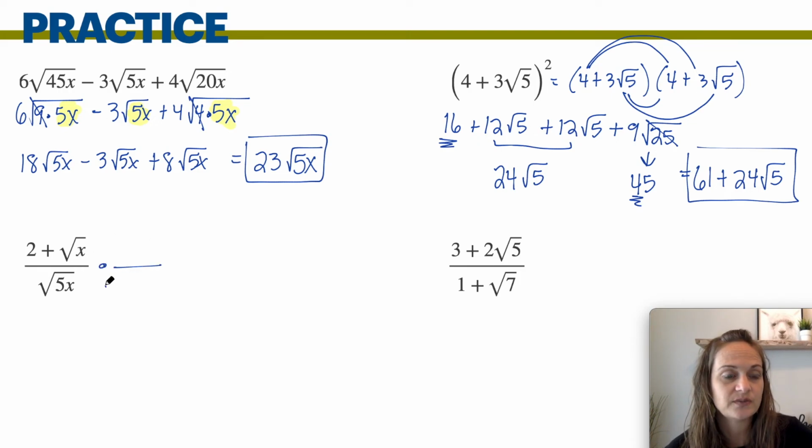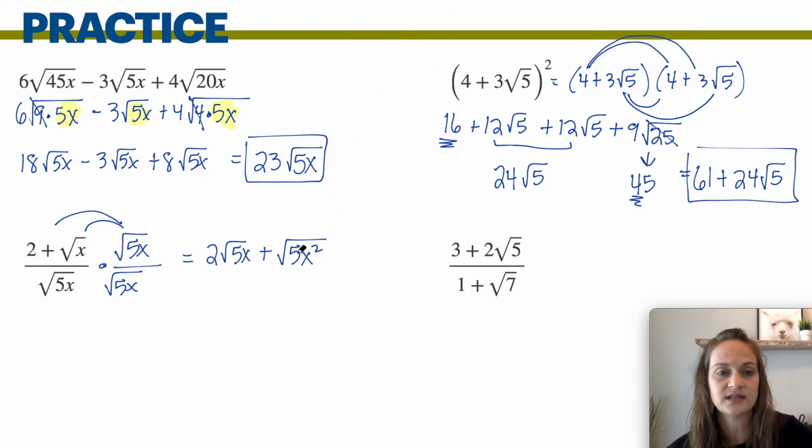In this next one, we need to rationalize. So we are going to multiply by exactly what it is. There's no conjugate. We only do that when there's a binomial. So on top, we are going to distribute. So we should get 2 square roots of 5x plus the square root of 5x squared. I'm going to put a little note there because that can be reduced.